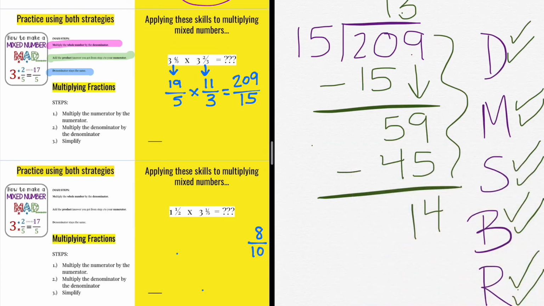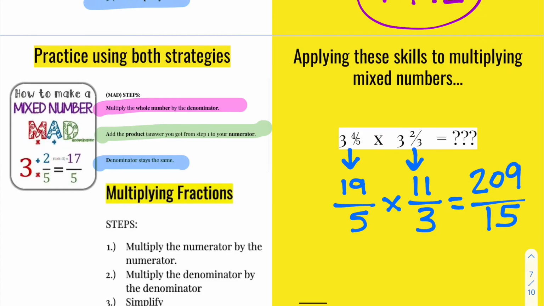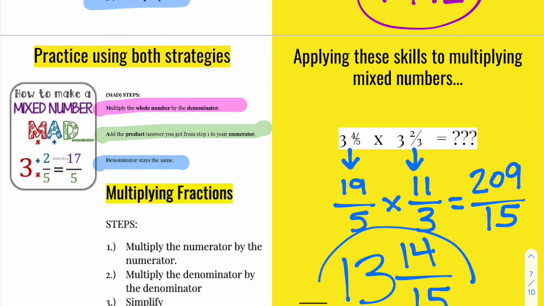And now I know that my whole number is going to be 13, my numerator is going to be 14, and my denominator is going to be 15. And now I know my answer will be 13 and 14/15.